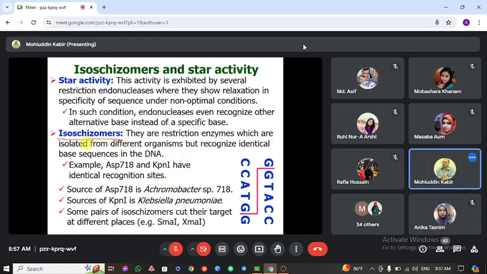They are restriction enzymes isolated from different organisms but have identical recognition site and identical cutting pattern.